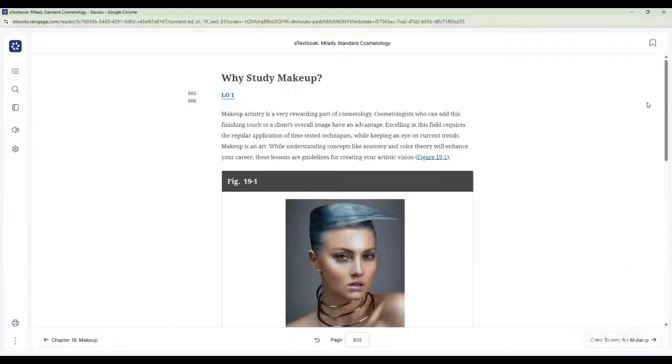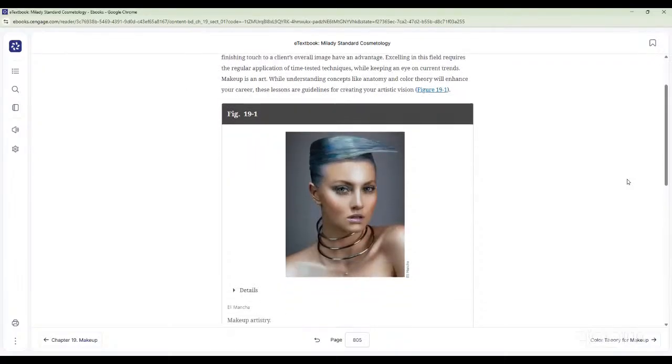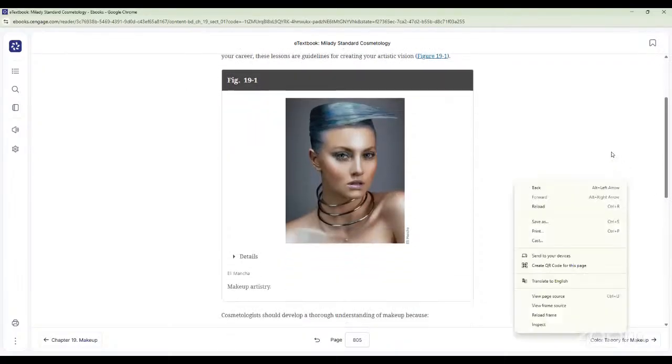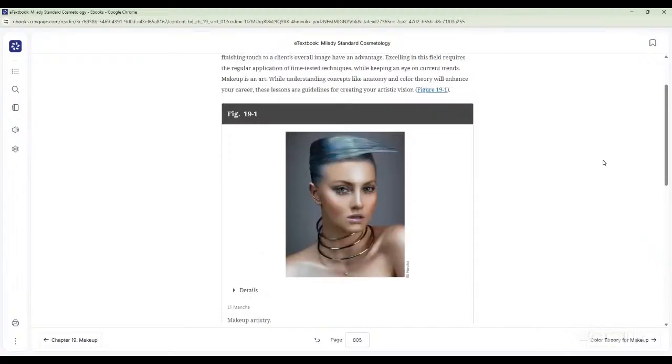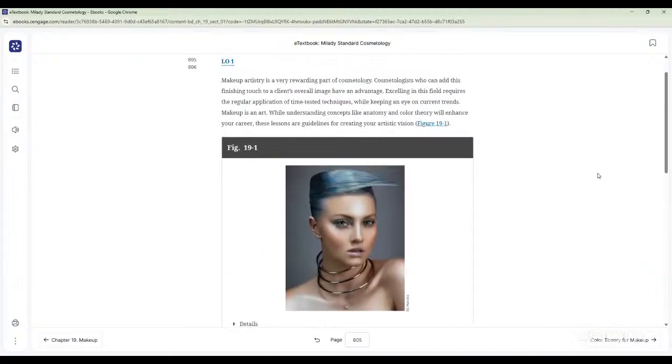All right, as we look at this here, it says why study makeup? Usually at the beginning of every chapter, you have this why, this form of explanation. You're going to see it again when it comes to check-in questions. For this particular chapter, it holds no different, making sure pages 805 and 806 are highlighted.